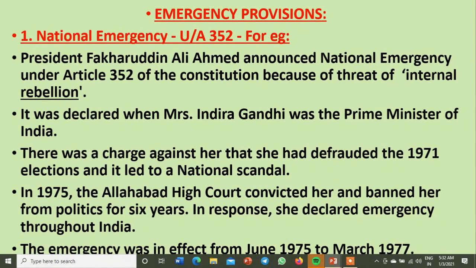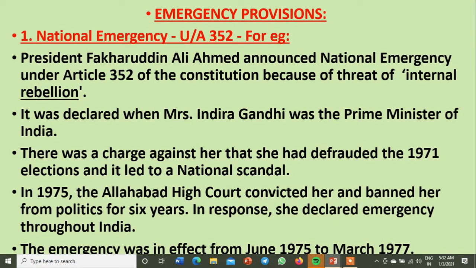You know why there was a threat? Because it was declared when Mrs. Indira Gandhi was the Prime Minister of India, and there was a charge against her that she had defrauded the 1971 elections, and it led to a national scandal.